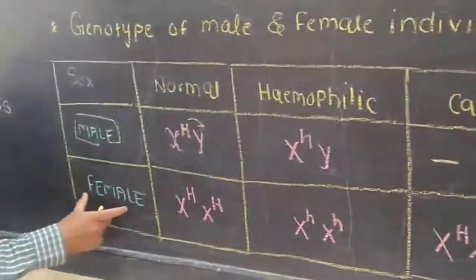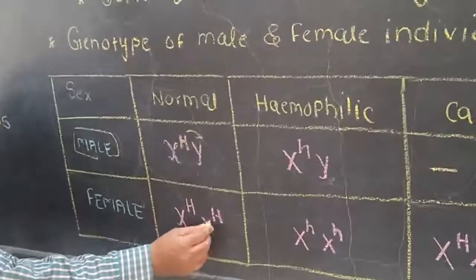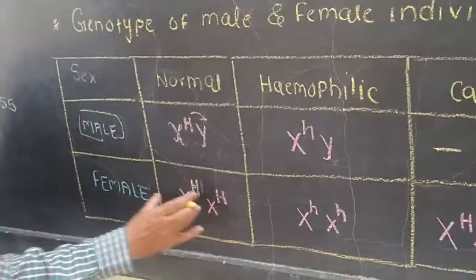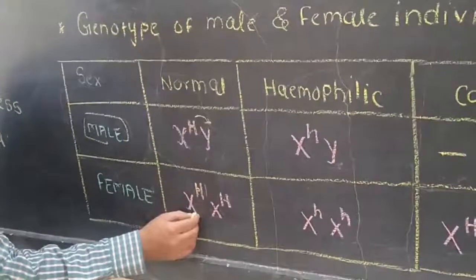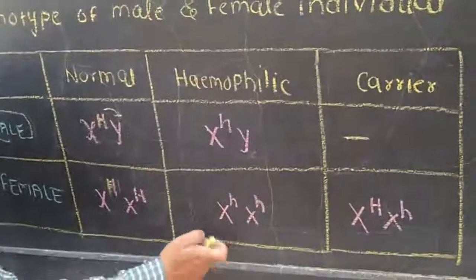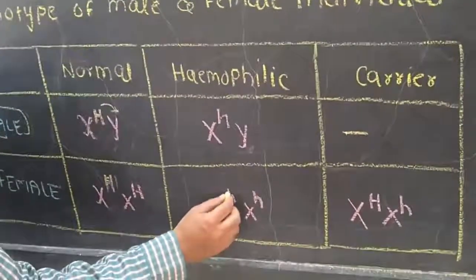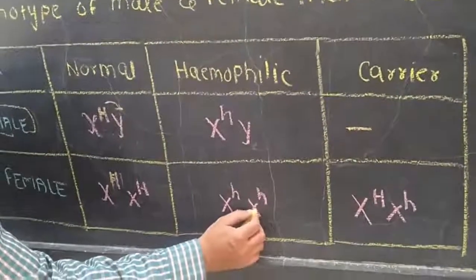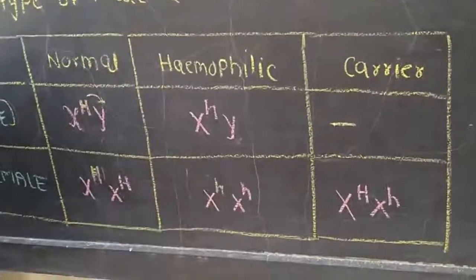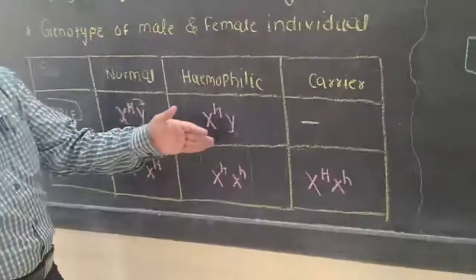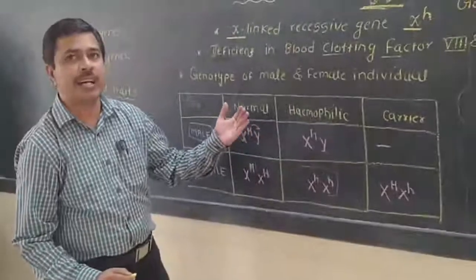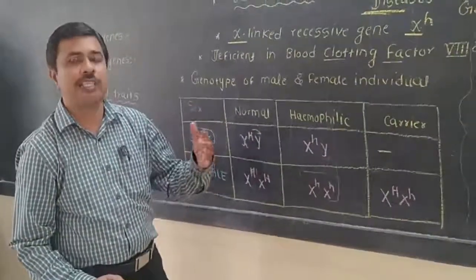In the female, in the normal condition, the dominant genes are present on both X chromosomes. In the hemophilic female, the recessive gene is present on both X chromosomes. This condition is very rare, because due to recessiveness, hemophilia does not occur as frequently in the female as compared to the male.